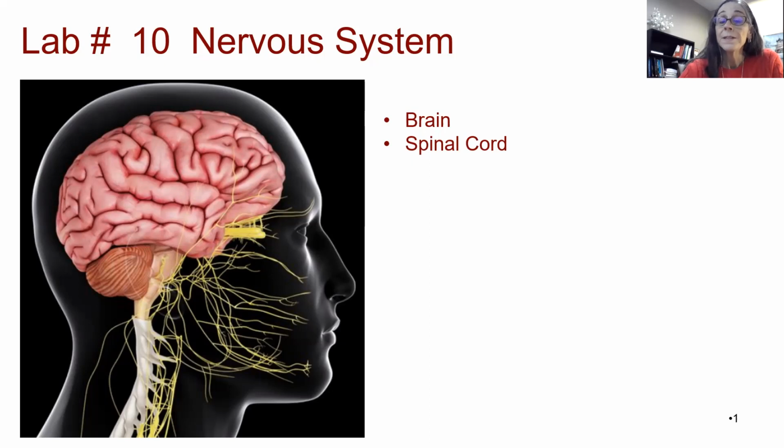One of its subdivisions is the somatic nervous system. The other is the autonomic nervous system. The somatic nervous system basically commands effectors, and these effectors are specifically skeletal muscle.